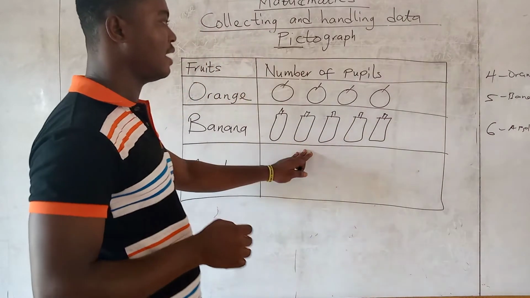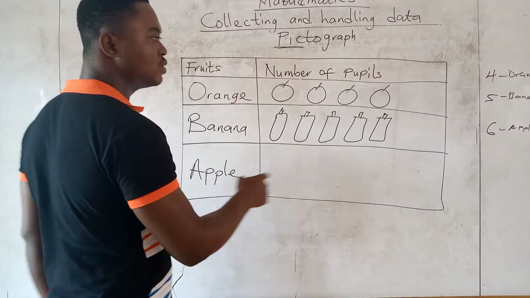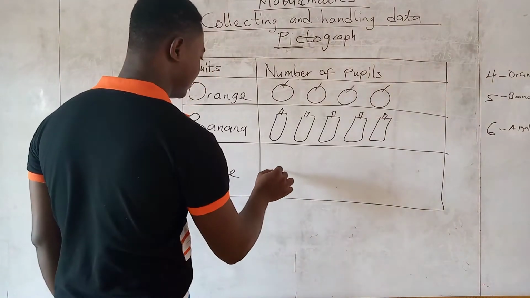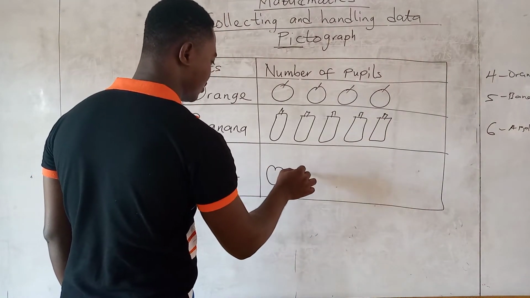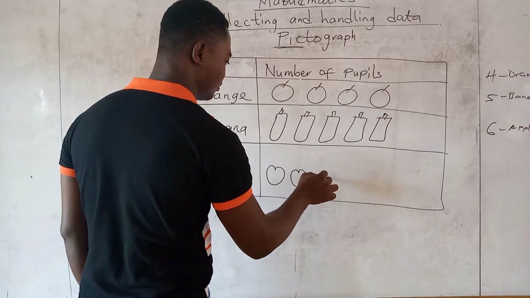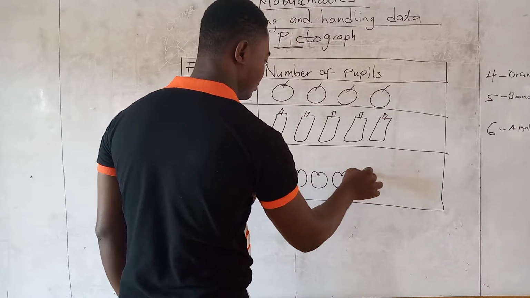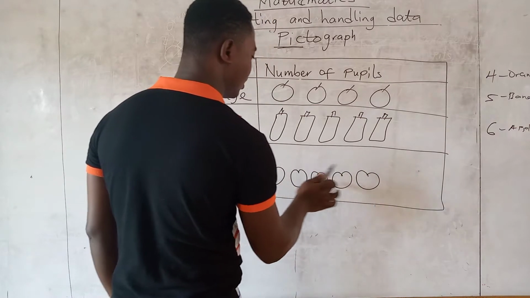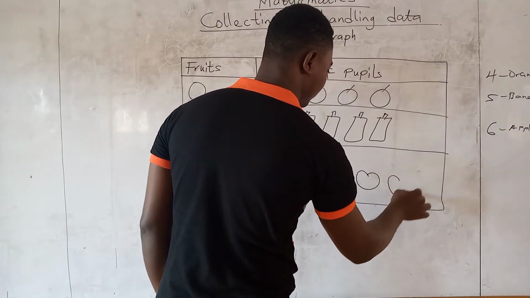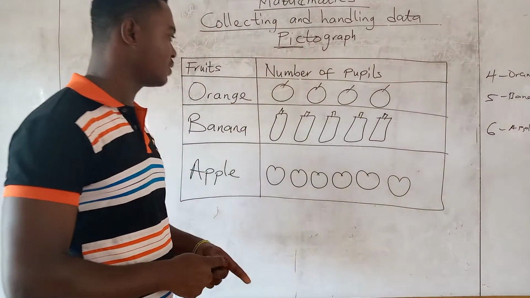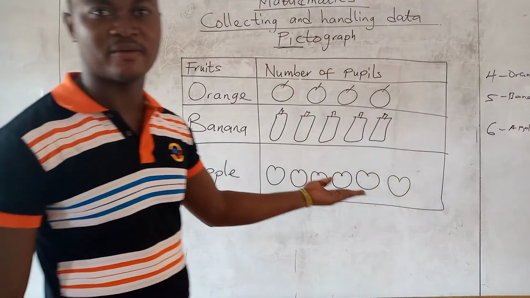Banana is 5. And then apples we have 6. So we have 6 apples. 1, 2, 3, 4, 5, 6 apples. So now this is our pictograph.